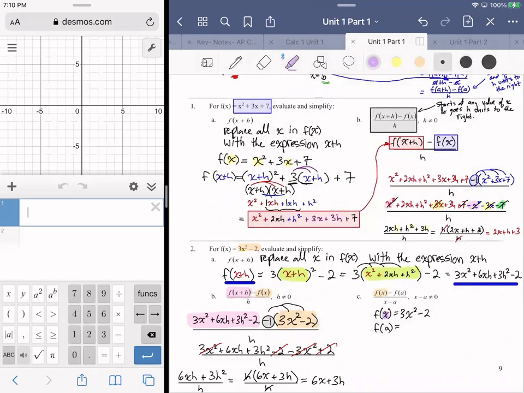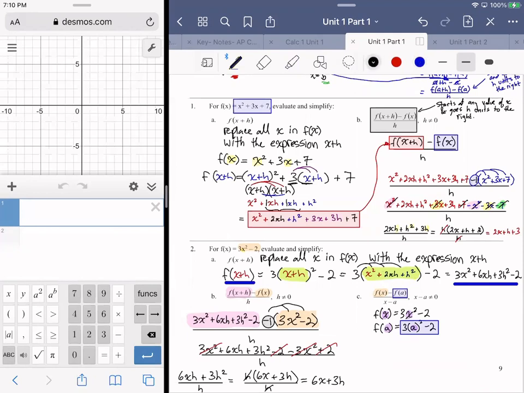All right, so you see I have an x here and an x here. I want to replace those with a's. So this expression here is what f of a would be equivalent to. So I'm going to make my substitutions now.